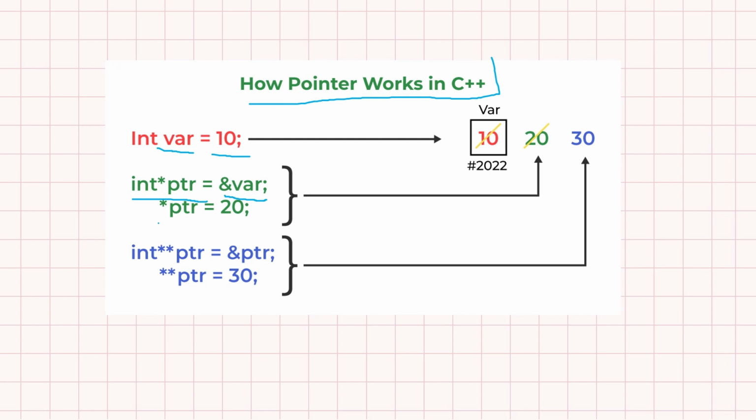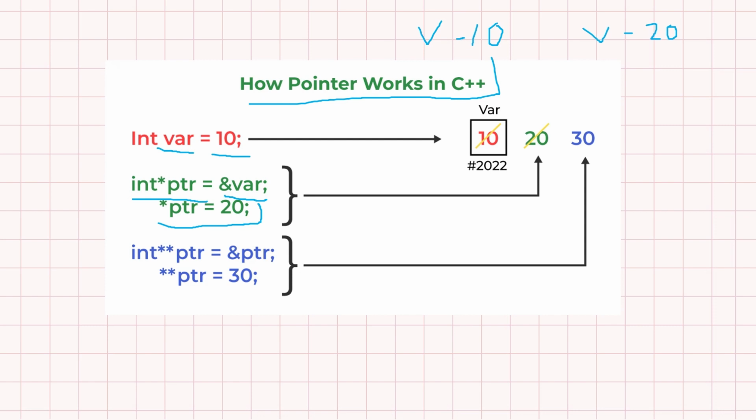If we set the star ptr value equal to 20, then automatically the variable, let's define it as v, changes. Initially it is 10. Now when we declare that star ptr contains 20, the value of v will be 20. So this is how we dynamically manipulate our variables.